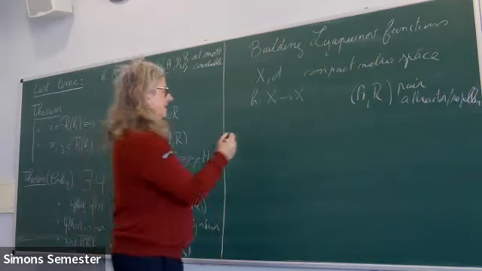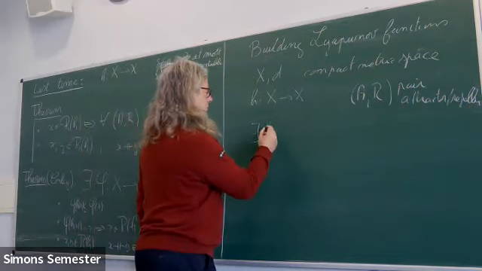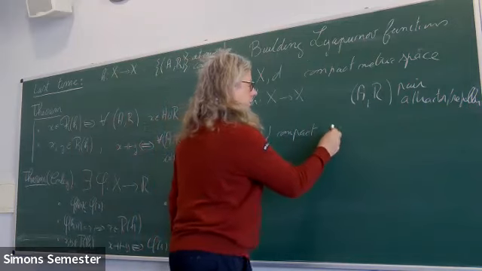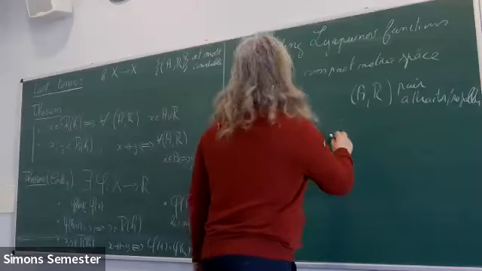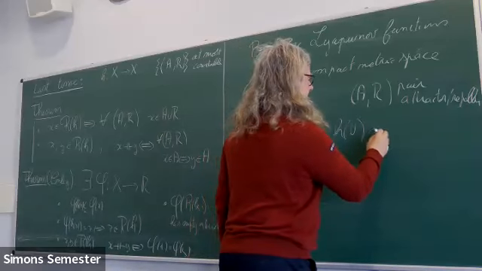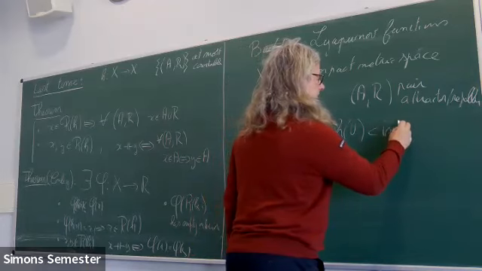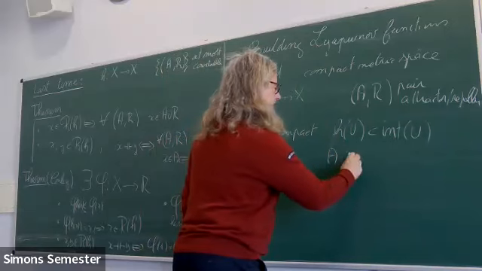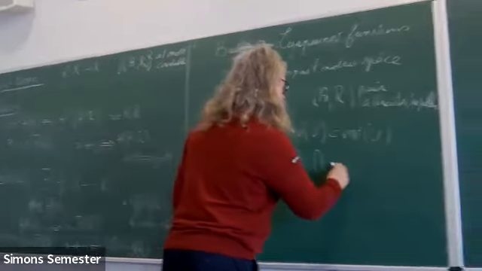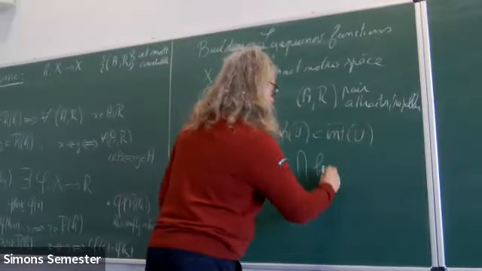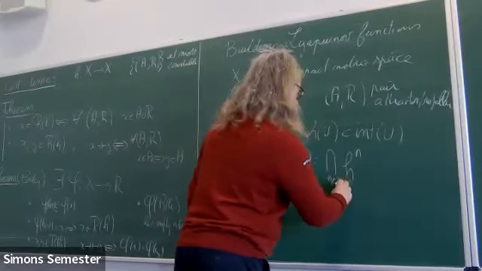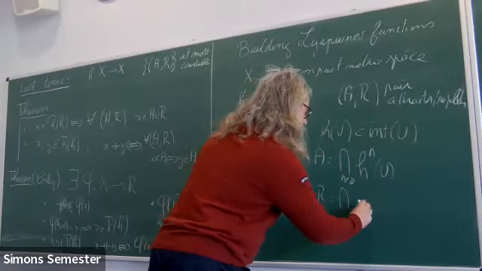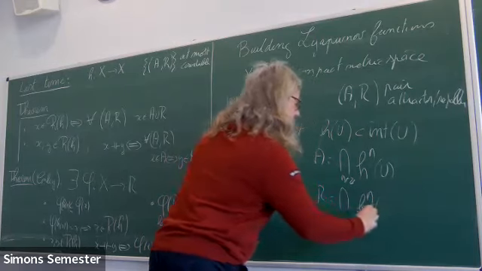This means that there exists some compact set U with H of U in the interior of U, and A is the maximal invariant set in U, and R is the maximal invariant set in the complement of U.